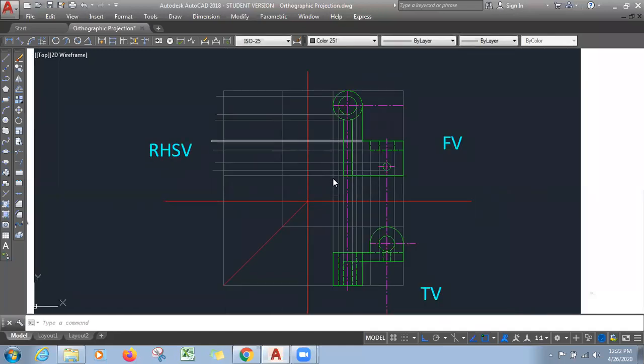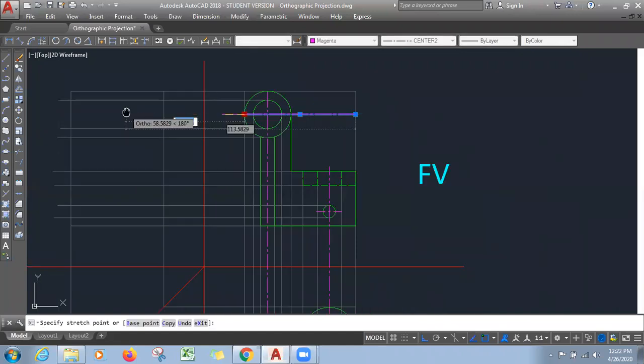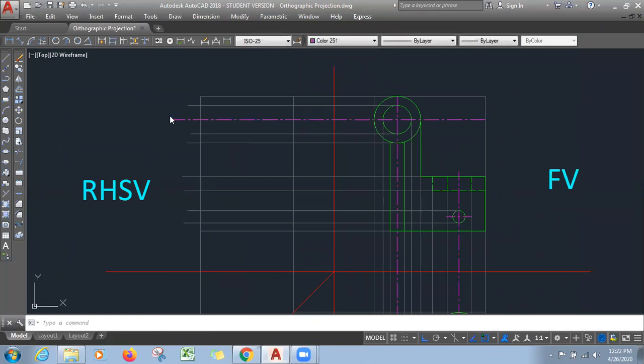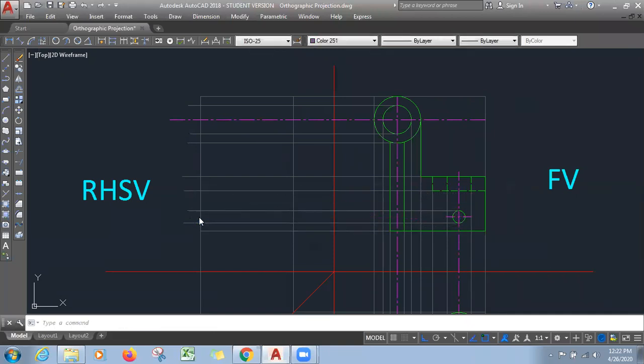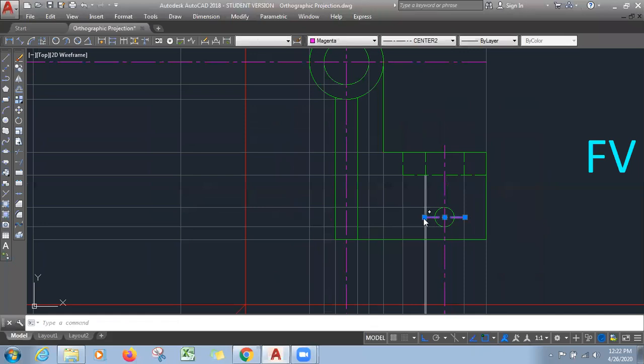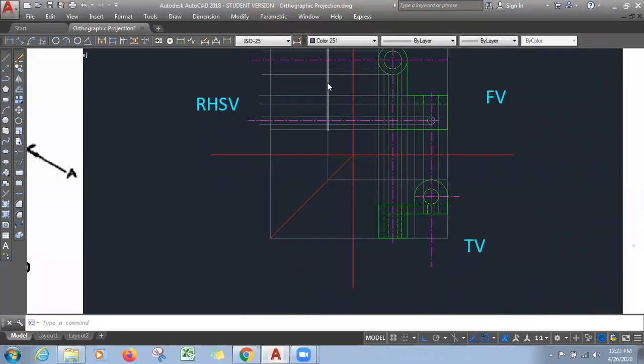Now once we have this, you see everything we have. Now this center line can be extended as a center line itself. You see here again we have a center line that can be extended. Now we have projectors from the front view.